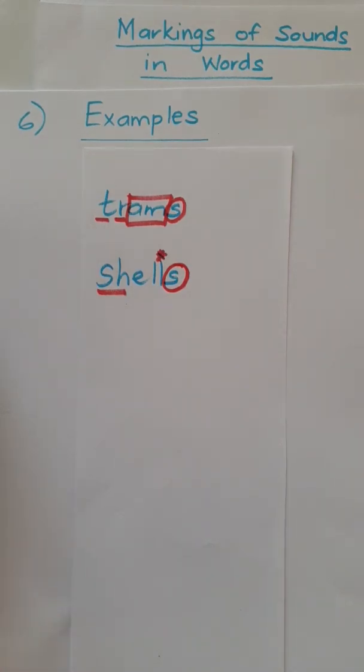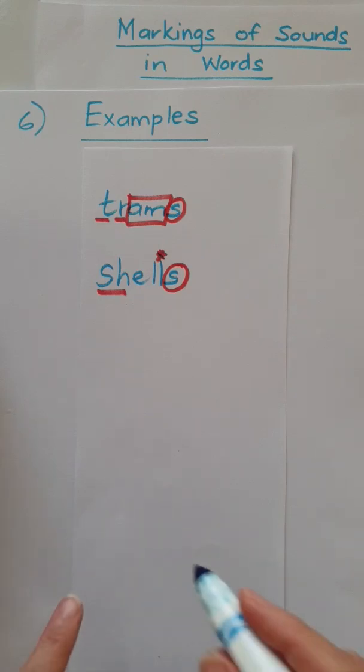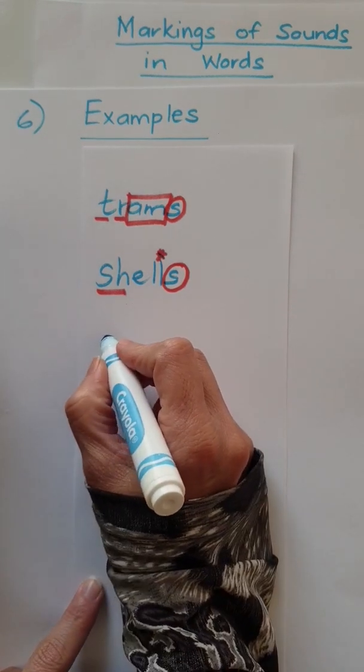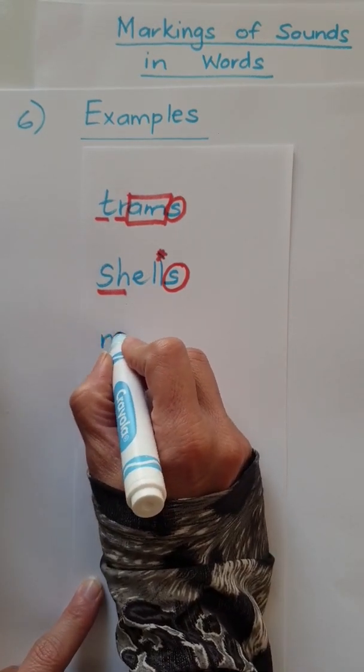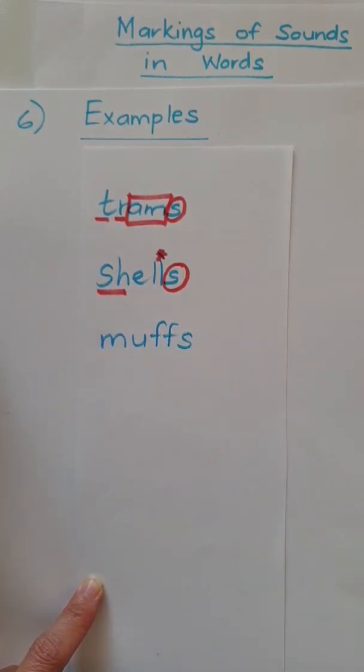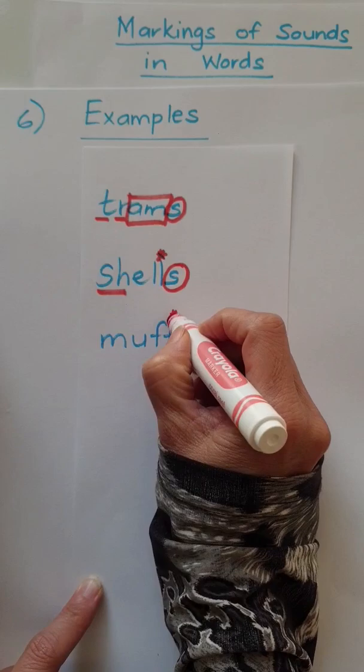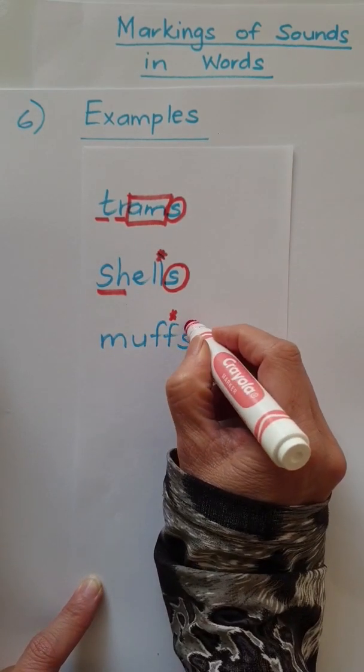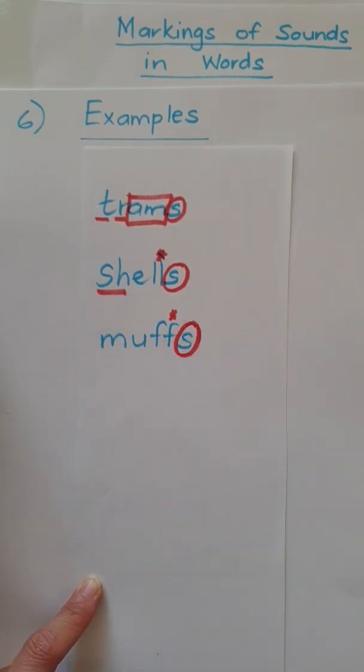Another example that I'm going to look at is, let's see, muffs. Again, I know my bonus letter, I'm going to star it, and my suffix s, I'm going to circle it.